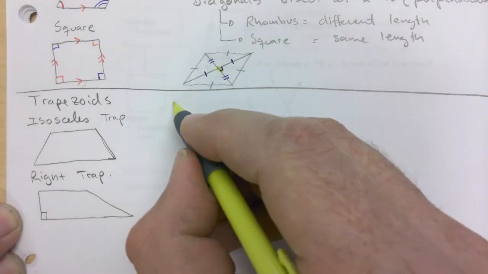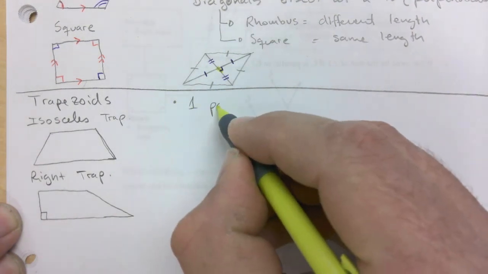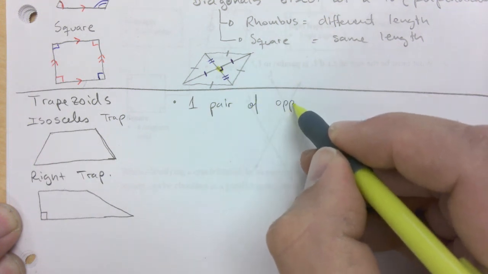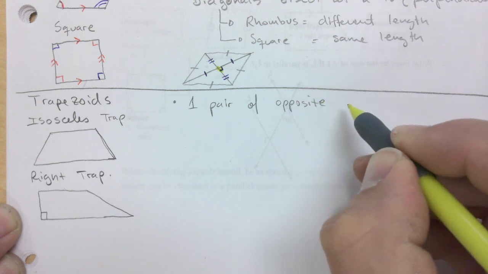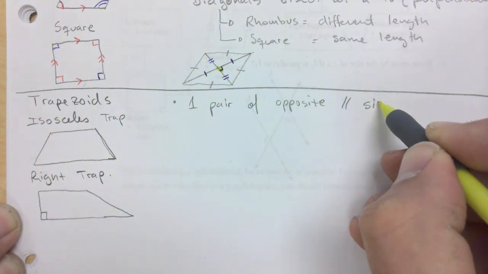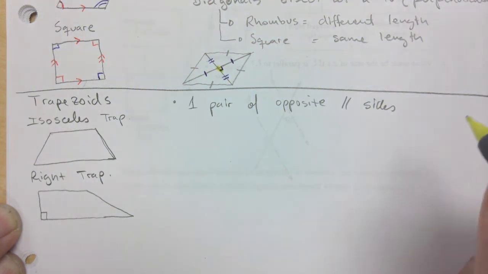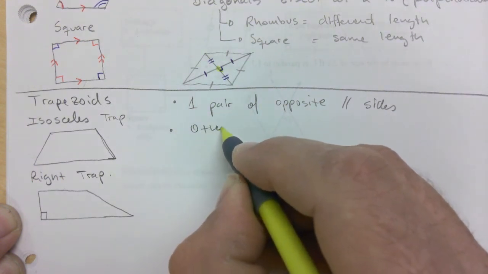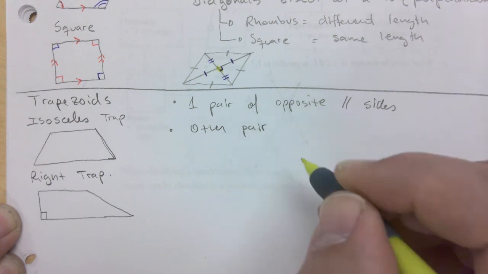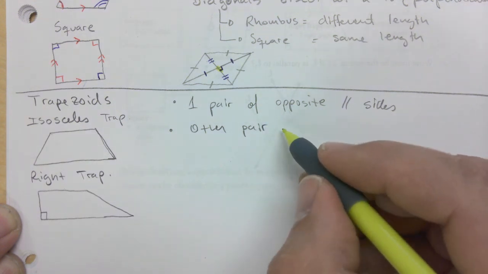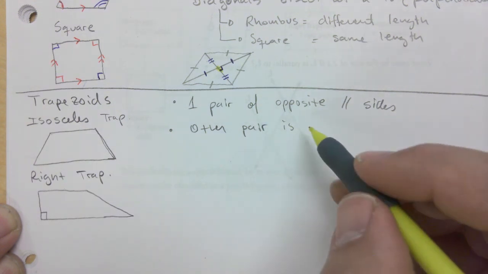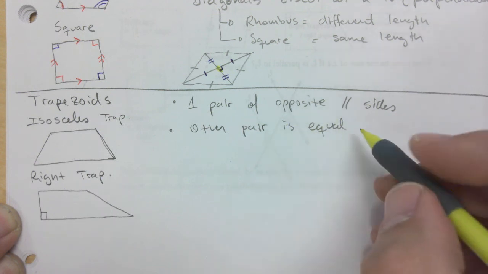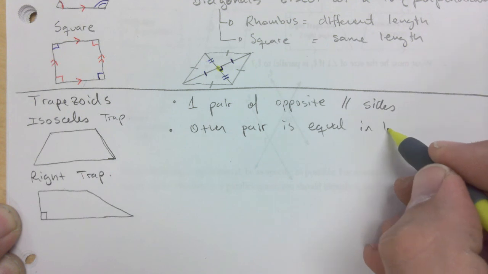What do we know about them? They only have one pair of opposite parallel sides. The other pair is equal in length.